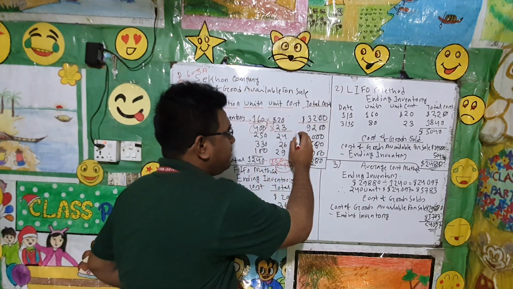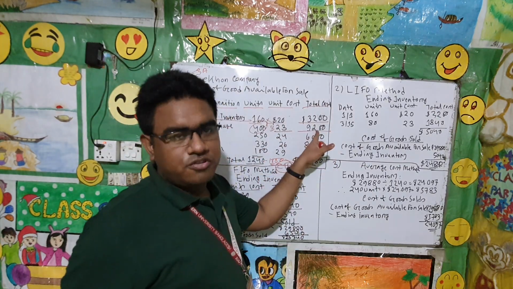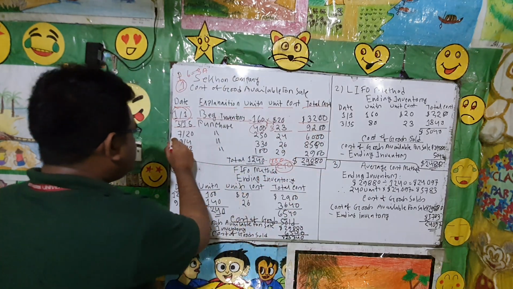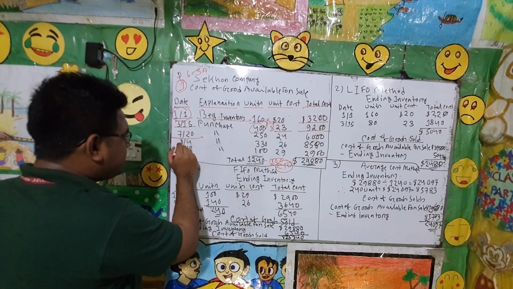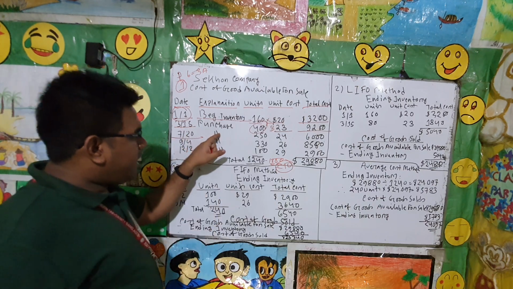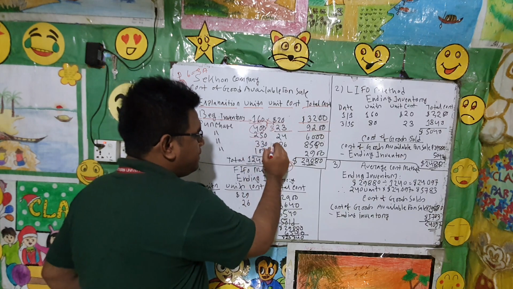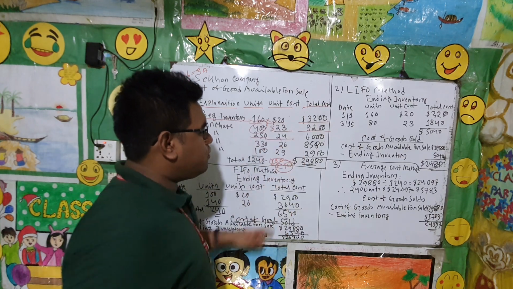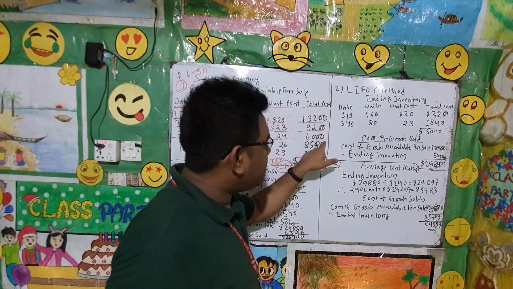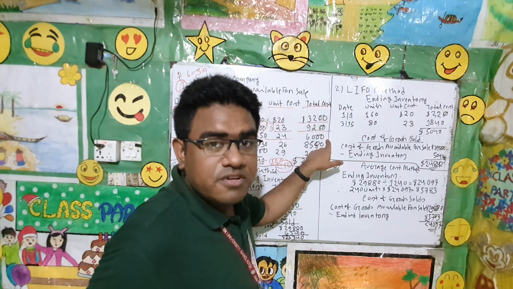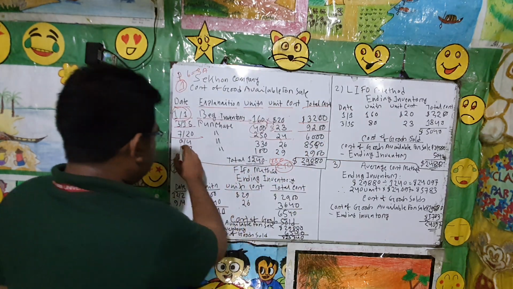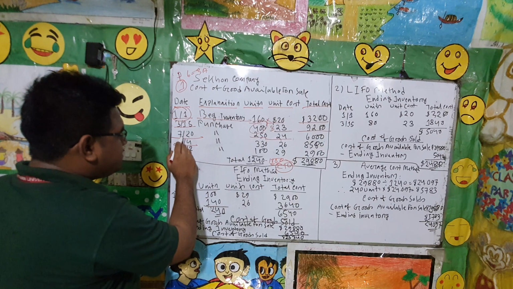If you multiply, the total cost is 9,200. Then July 20, which is 7/20, again a purchase, 250 units, each cost 24, and we get the result of 6,000.